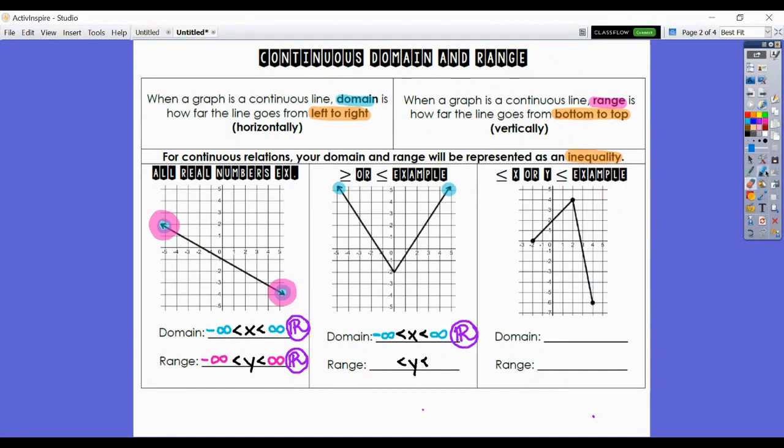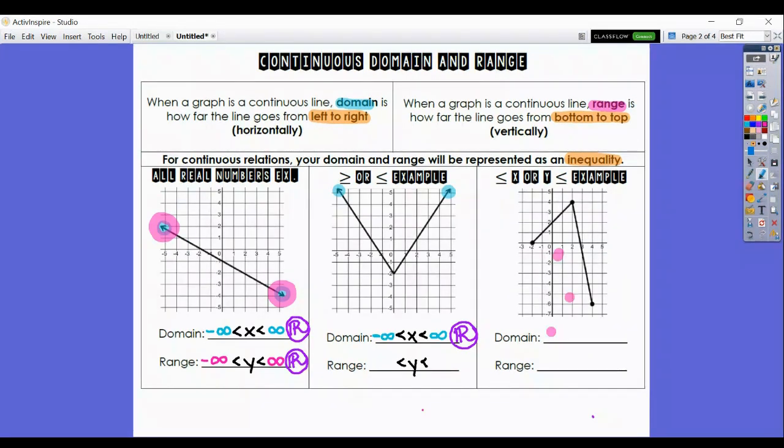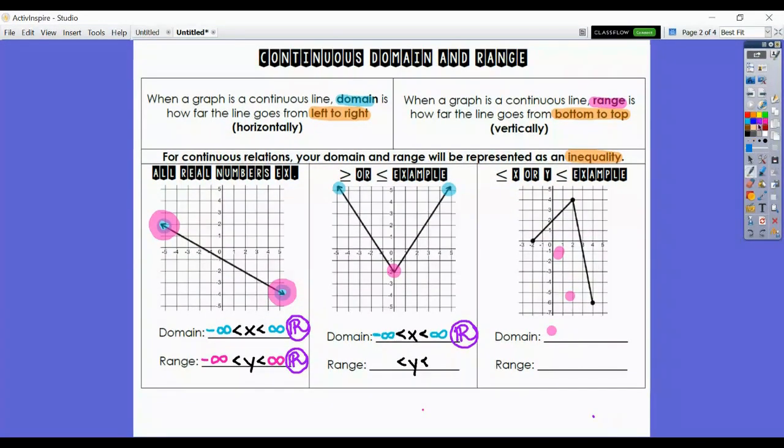For our range, I look bottom to top. At the bottom, I have a point in the y value because its range of that point is -2. Put a line underneath your less than sign to make it less than or equal to, since it is a filled in point. At the top of my graph, I have arrows that are going to keep going up and up forever. I have two of them, but they both go up. One goes left and up, one goes right and up.